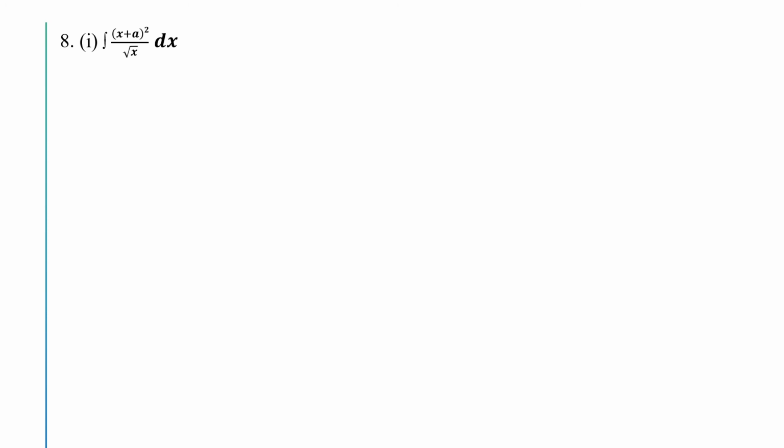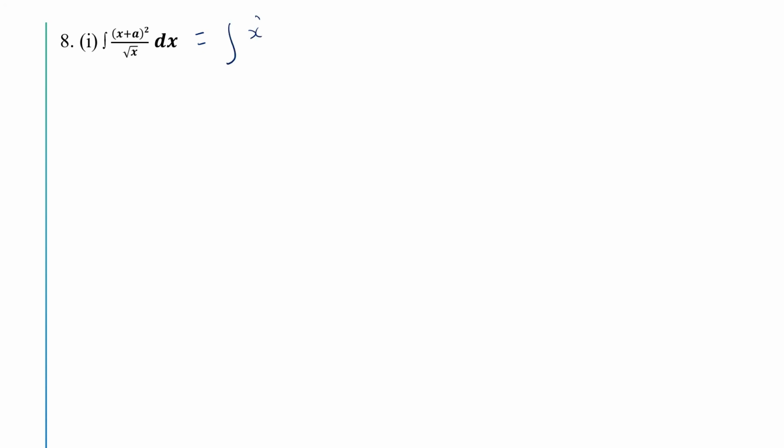Next question, integral x plus a the whole square by root x into dx. So here again we can expand x plus a the whole square first.